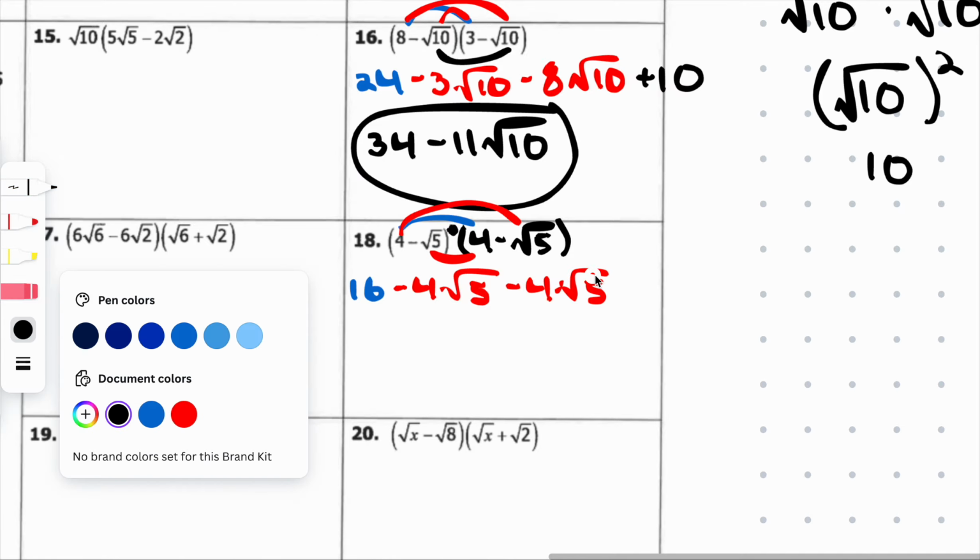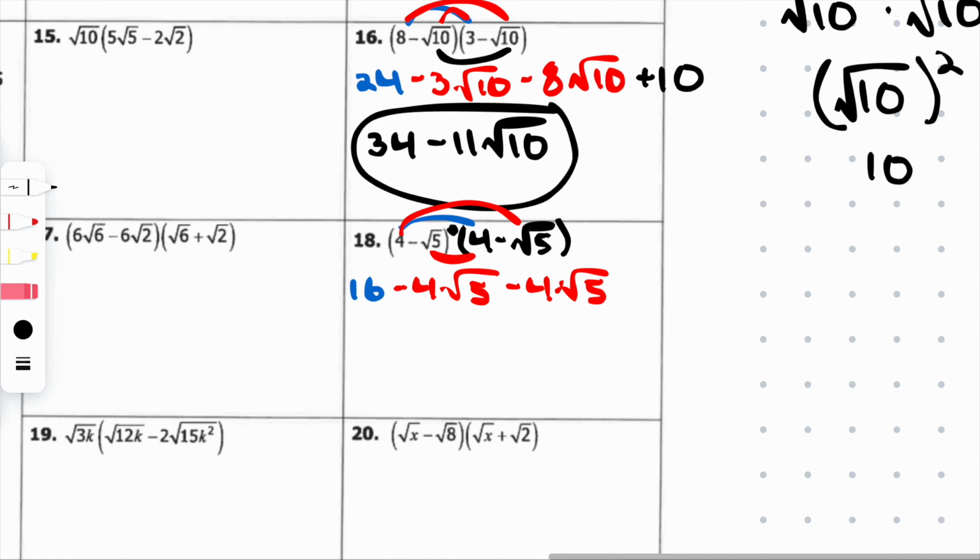In this case, root 5 times root 5 is just going to be 5, just like we did up here. And a negative times a negative is a positive, so we're going to add 5. And so we get 16 plus 5, which is 21.